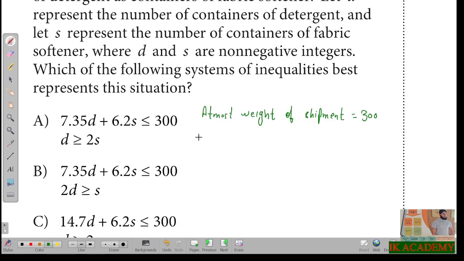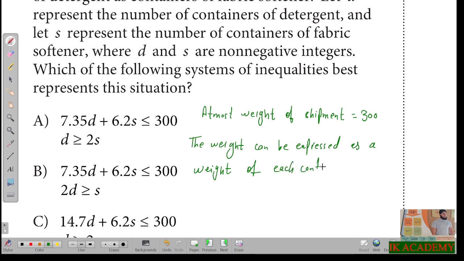The weight can be expressed as the weight of each container multiplied by the number of each type of container.